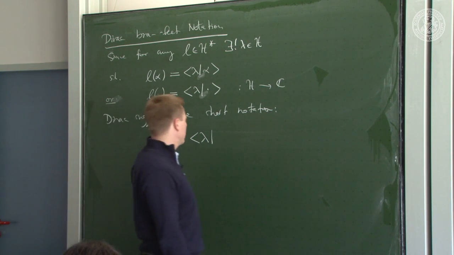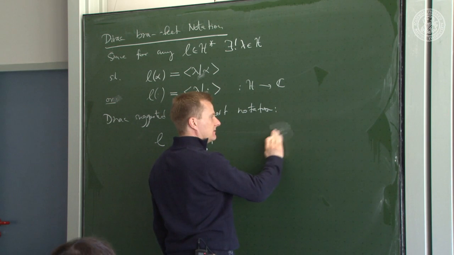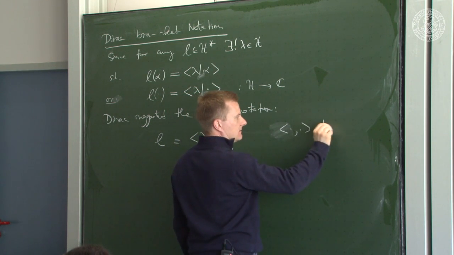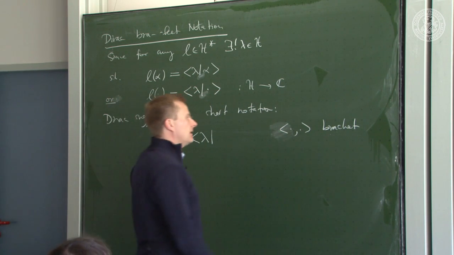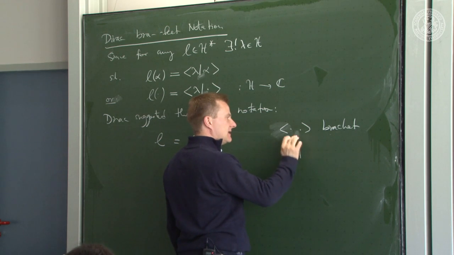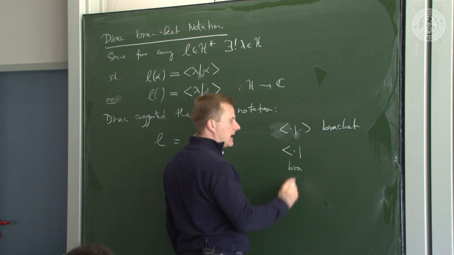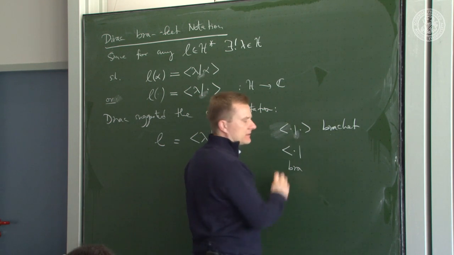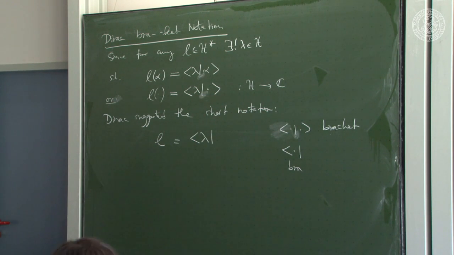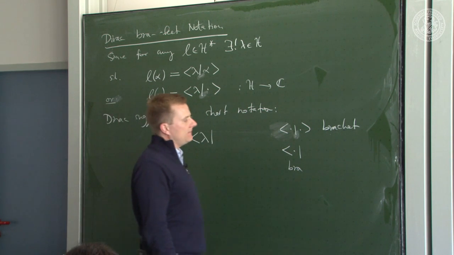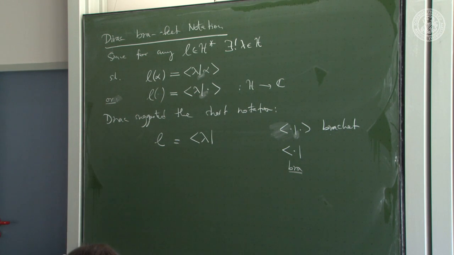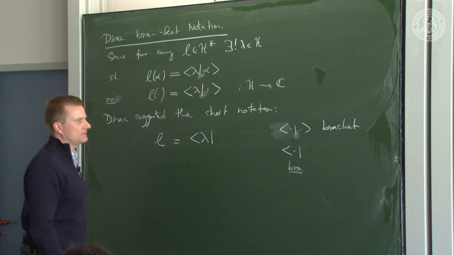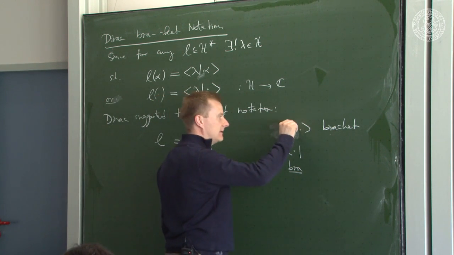And British humor has it that because this is a bracket, well actually it's brackets, but well let's say it's a bracket, then most obviously, they say, the first half of it must be the bra. And whatever comes behind is the ket. And they left out a C. Okay? And of course, bra has other meanings too. But you don't want to think too much about this notation because I don't think it's politically correct nowadays.